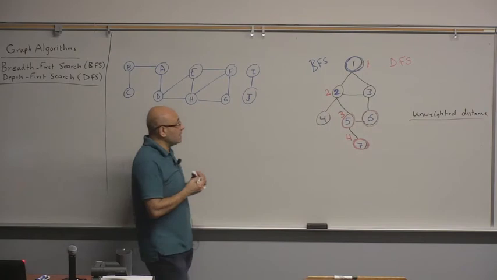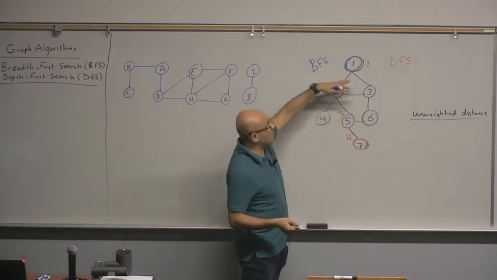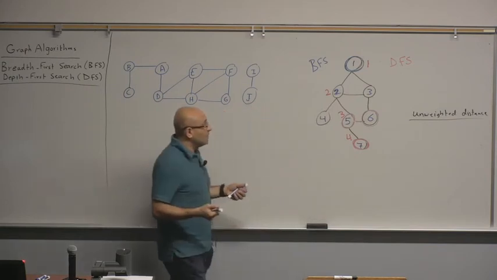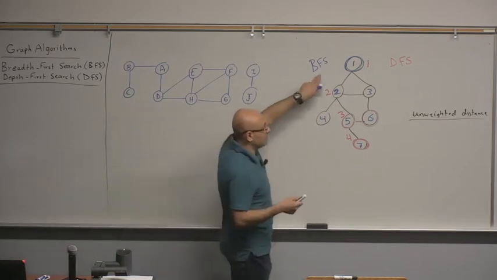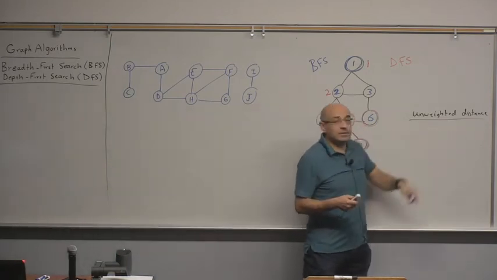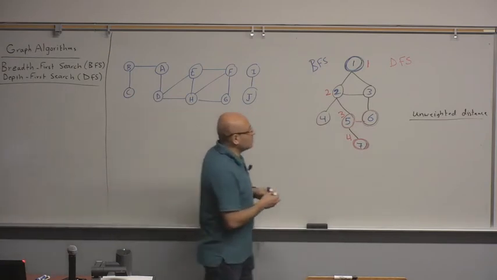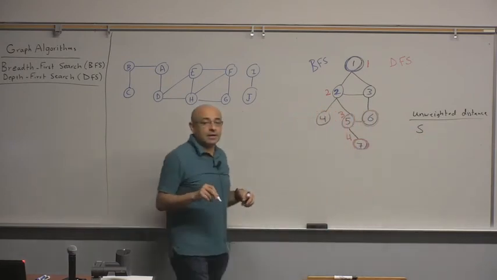Because breadth first by nature first looks at the vertices that are at distance 1, then it looks at the vertices that are at distance 2, and so forth. So in fact, the main purpose of the breadth first search algorithm is to find the unweighted distance between a given source and any other vertex in the graph.